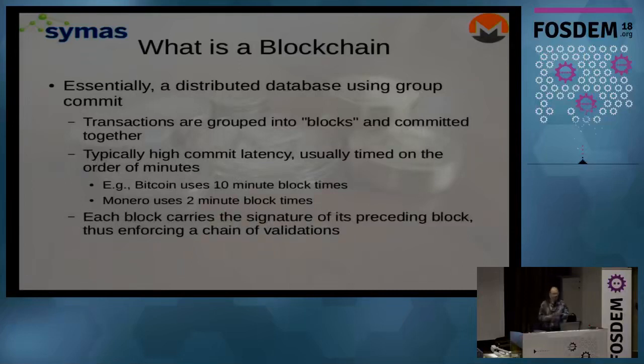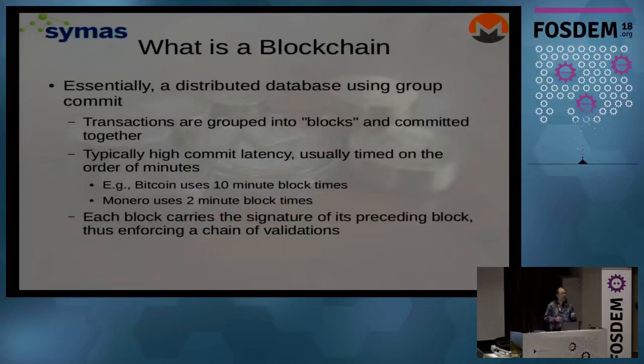Essentially, a blockchain is just a distributed database, right? It is somewhat transaction-oriented, but if you think about it, it's a transaction system with group commit and delayed commits. There's typically a very high commit latency.